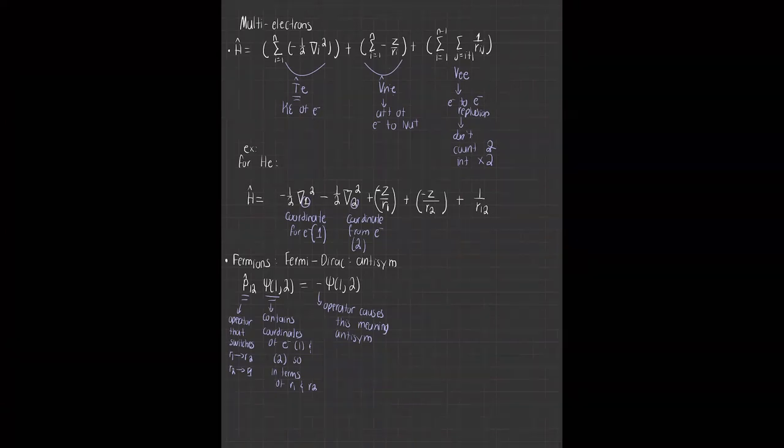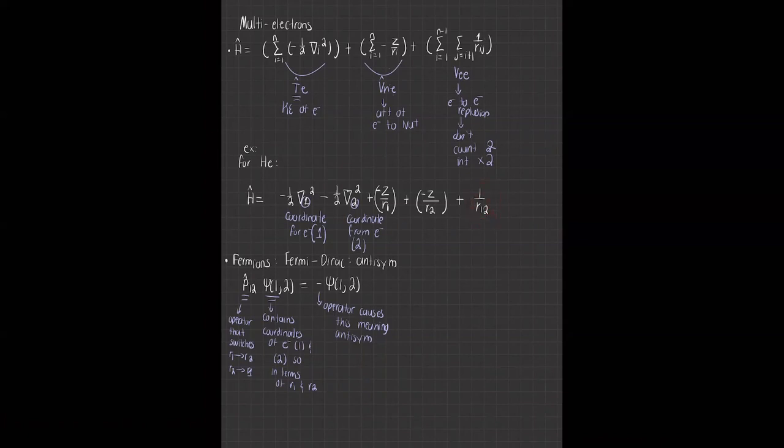And what you have to do is you can't count interactions twice. So let's say for helium, you only have one term for electron 1 and electron 2. So you can't count an interaction between electron 2 and electron 1 because that interaction is already counted. So for helium, that's why we have one term here, r_12.